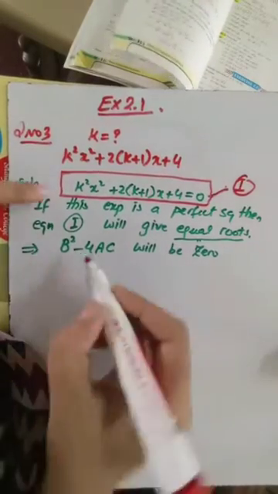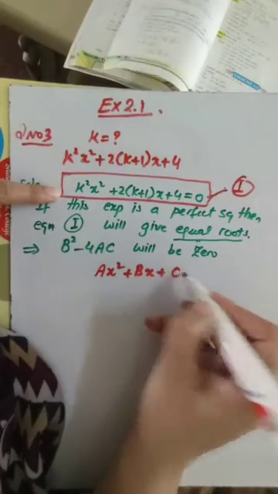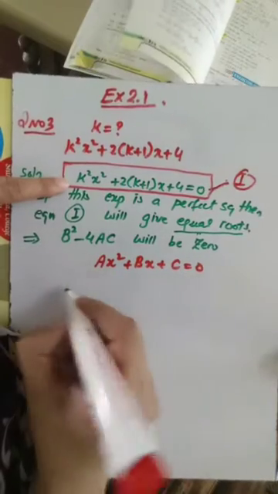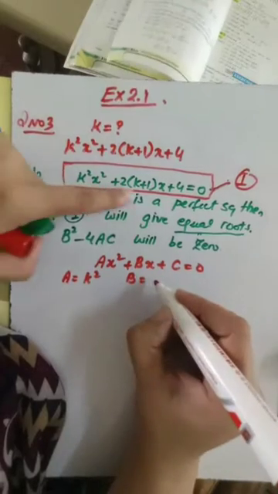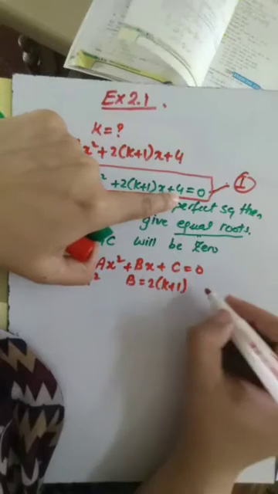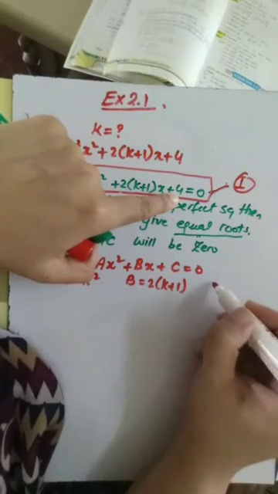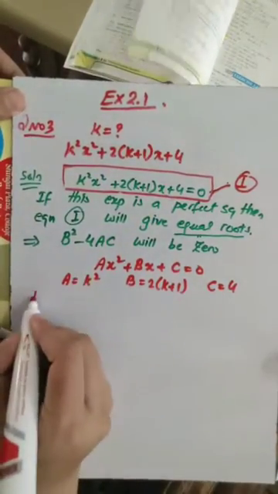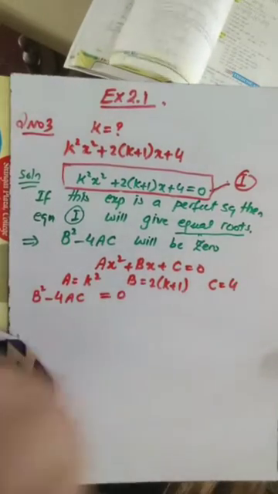If I compare with the general form of the quadratic, capital A x square plus capital B x plus capital C, because we already have small letters over here, A will be equal to k square, B is the coefficient of x, which is 2k plus 1, and C is the constant, the coefficient of x raised to power 0, so C is equal to 4.